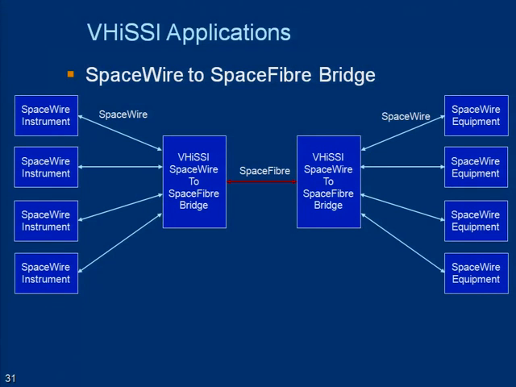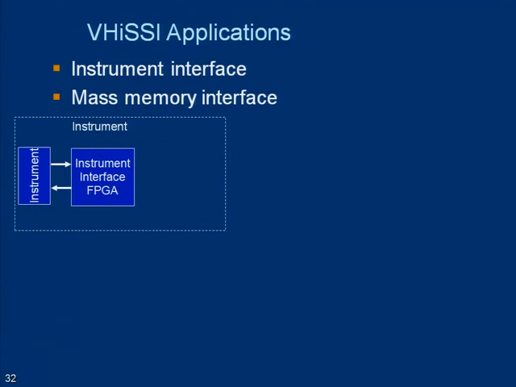If you go to the fiber optics, it's even lighter as well. SpaceFibre electrical running at 2.5 will run over something like 6 or 7 meters. If you run fiber, then we can run easily over 100 meters. Okay, so that's the SpaceWire to SpaceFibre bridge.